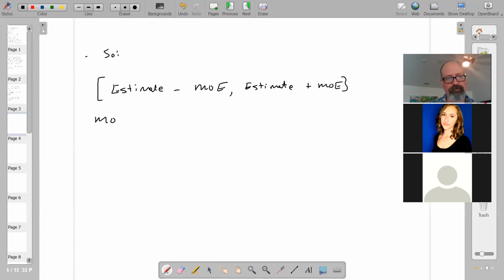So the margin of error in this case is equal to our critical number times the standard error of P S hat minus P no surgery hat.